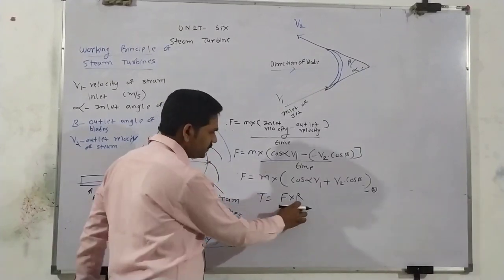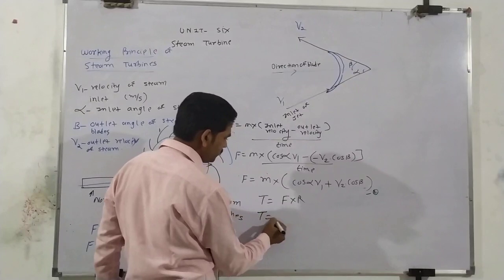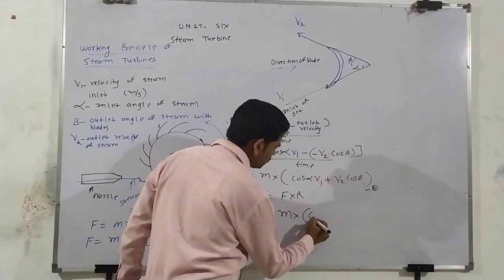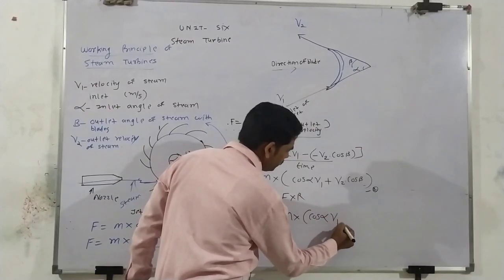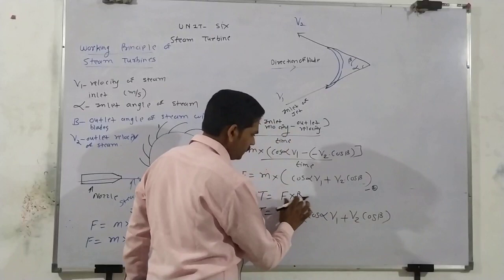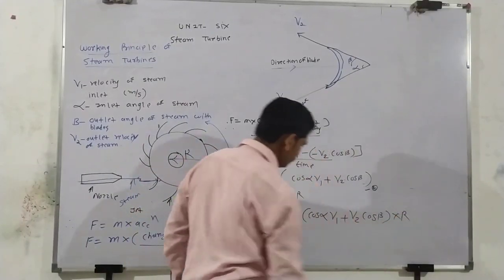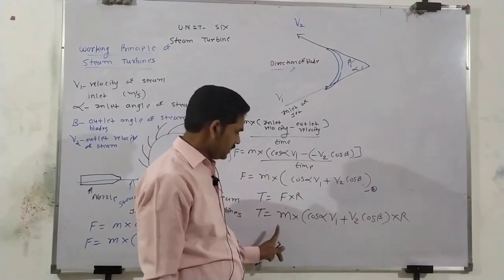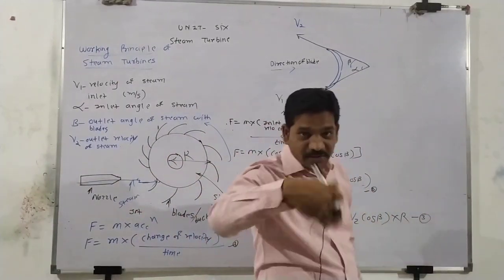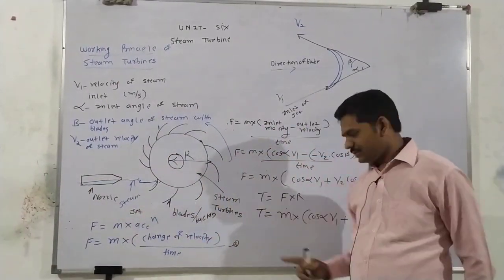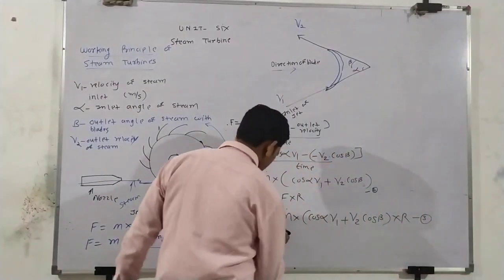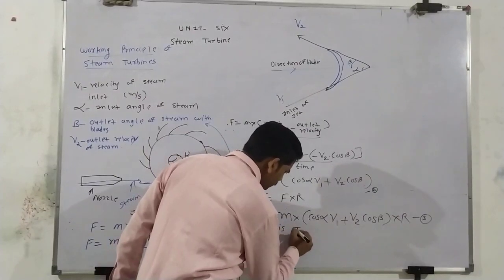So torque is equal to F into R, that is m dot into cos alpha V1 plus V2 cos beta, cross R. We get this equation. This much torque is required for the rotation of the turbine blades. This is the torque equation.